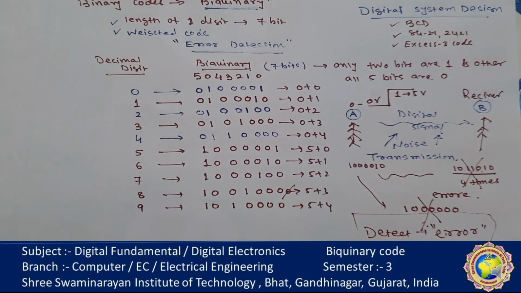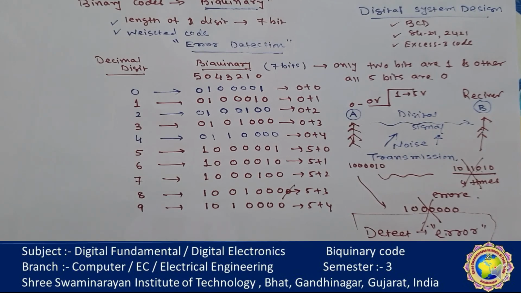But the limitation is that it requires 7 bits. As the width increases, obviously the length of our whole data package becomes larger. Instead of 4 bits, 7 bits are required, so it needs almost double the space to transmit the data.